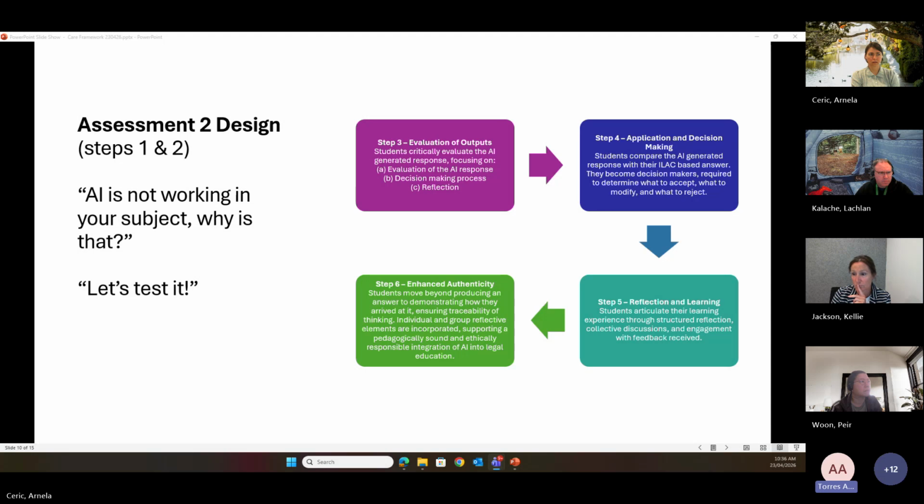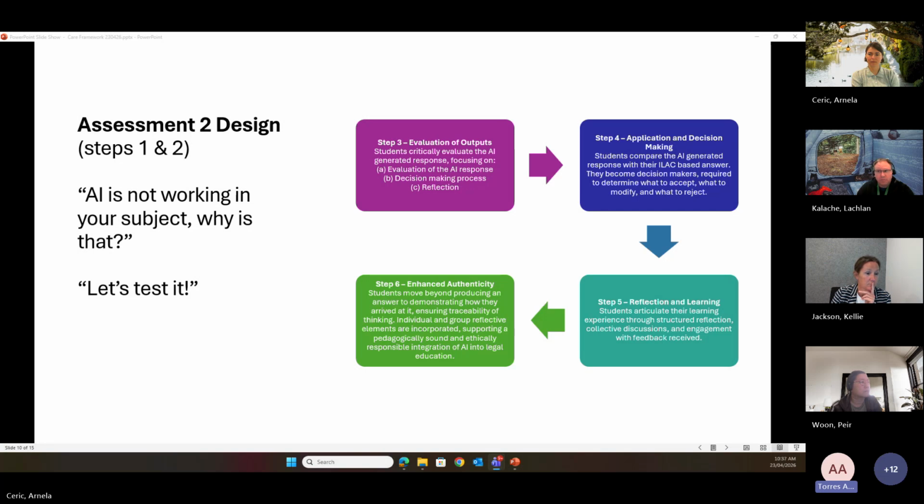So this conversation quickly made it very clear for me that we have a challenge, and the solution was the CARE model. So the solution was to design an assessment, and my requirements for that assessment was that I wanted it to be aligned with our principles of assessment.